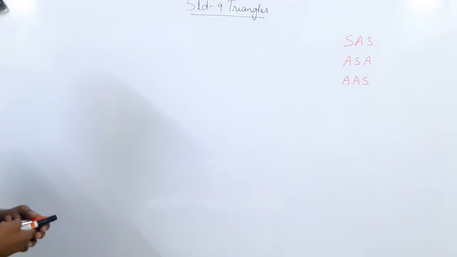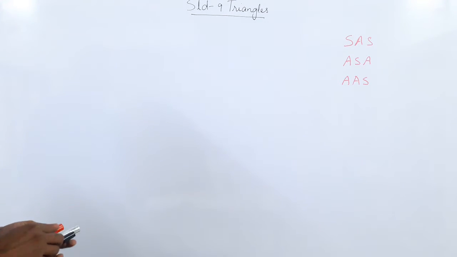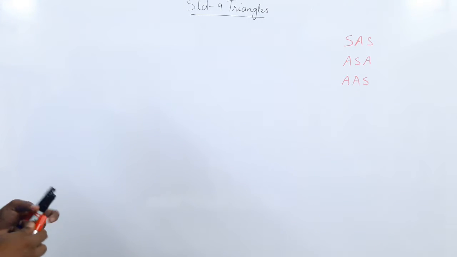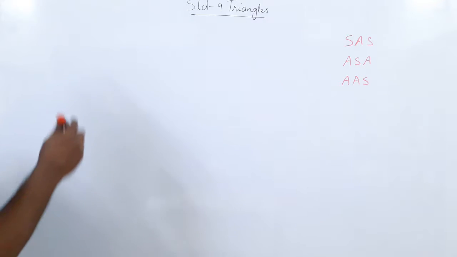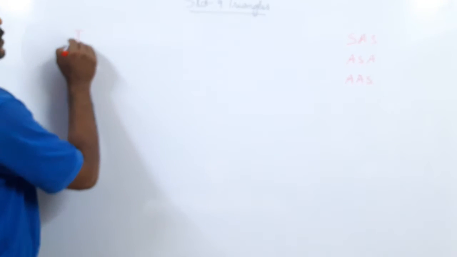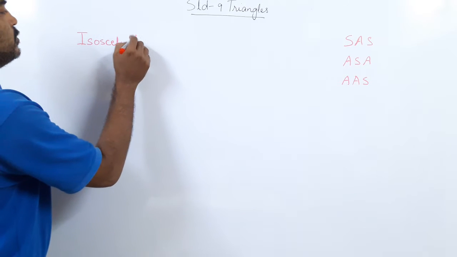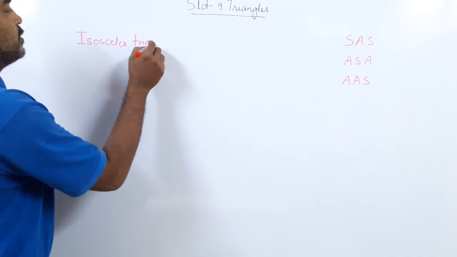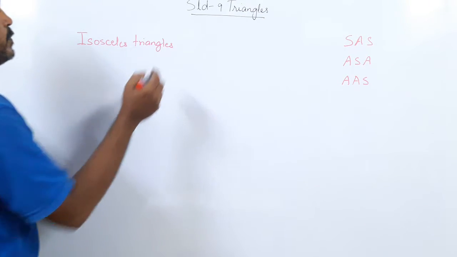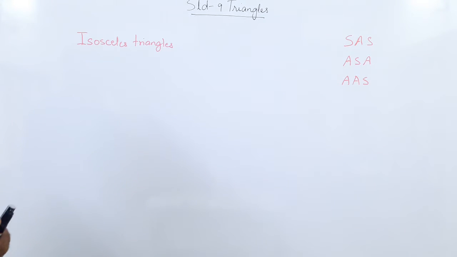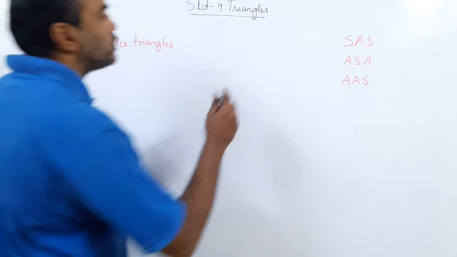Today we are going to do something new, which is a very easy and very important part of mathematics, especially for isosceles triangles. Now I hope you do remember what are isosceles triangles. Isosceles triangles are those triangles whose two sides are equal.